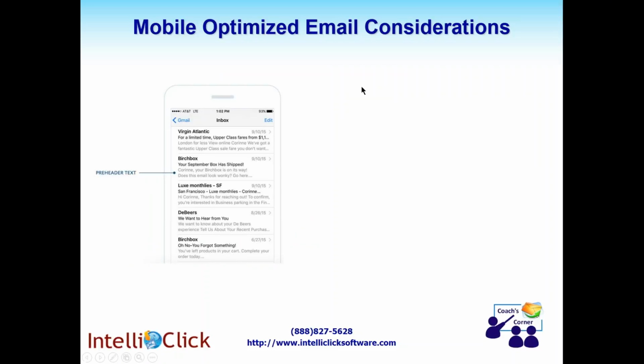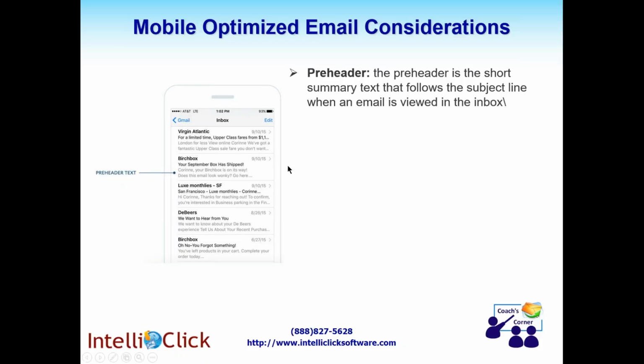Now, some other things to keep in mind: when you're creating your email, there's something that shows in mobile devices called the pre-header text. Basically, it is a short summary of what follows the subject line. So when you use a heading of some sort, or that initial verbiage right at the very start of your email, that's also what's going to show in the pre-header text usually displayed by various mobile devices.